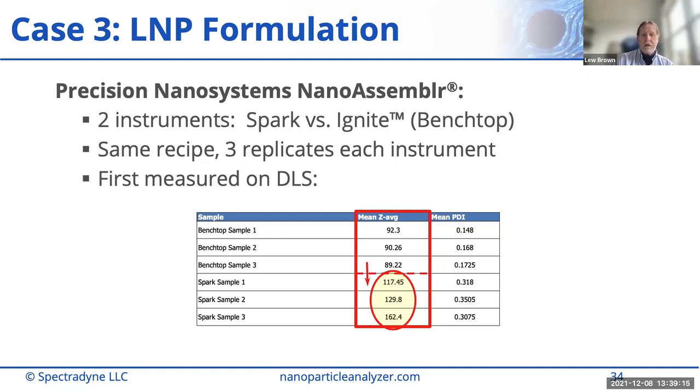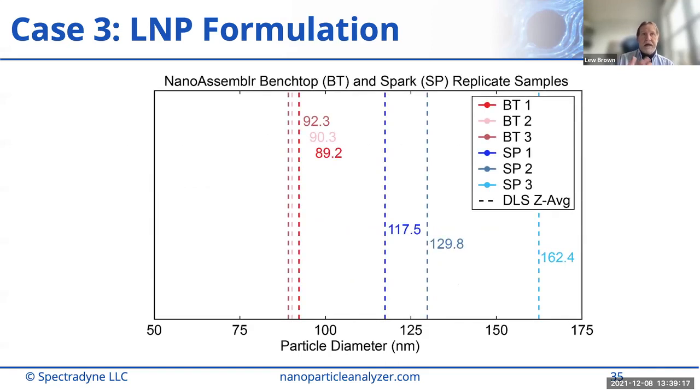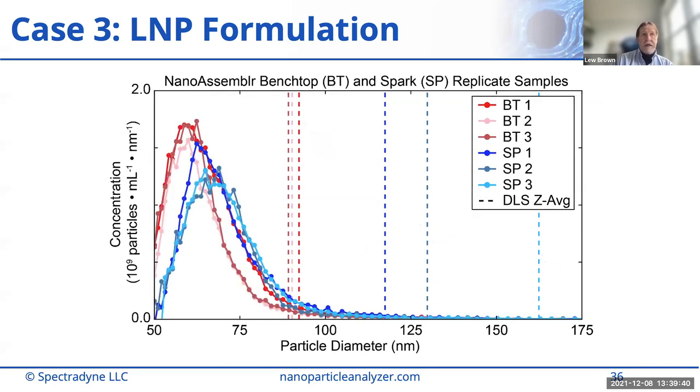So let's look at this a little bit differently, and let's look at the Z averages plotted this way. The 3 red dotted lines represent the 3 replicates of the benchtop. The 3 blue dotted lines represent the 3 DLS Z averages of the 3 Spark runs. So now we measured them in the NCS1, and I'm going to show you what's really happening in these samples. Very interesting.